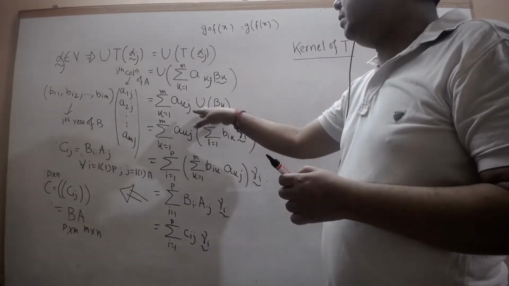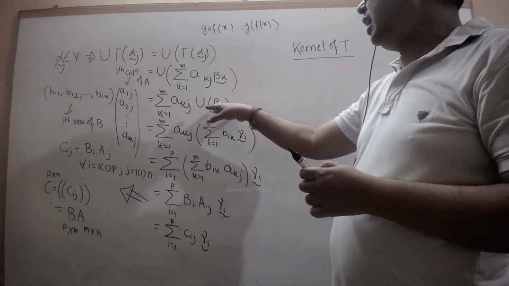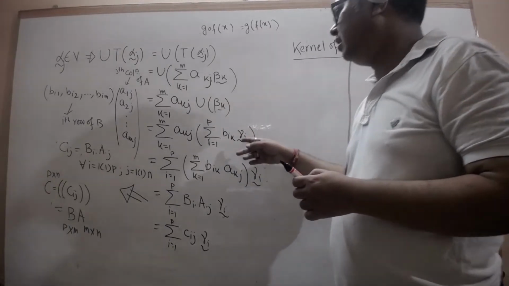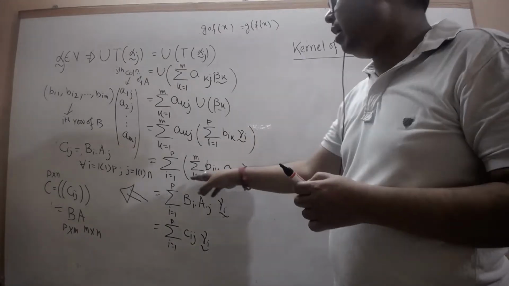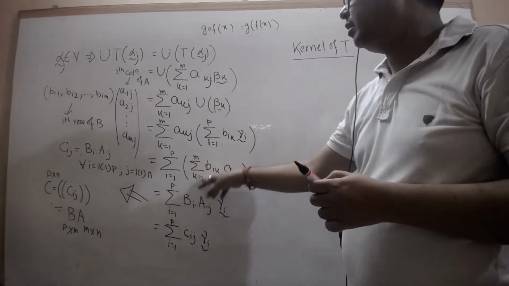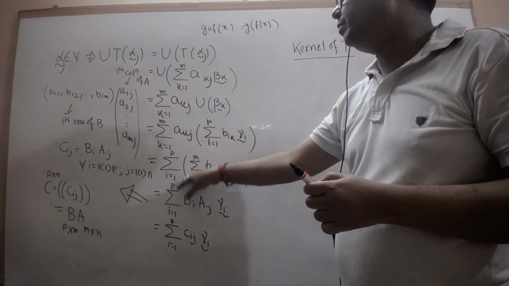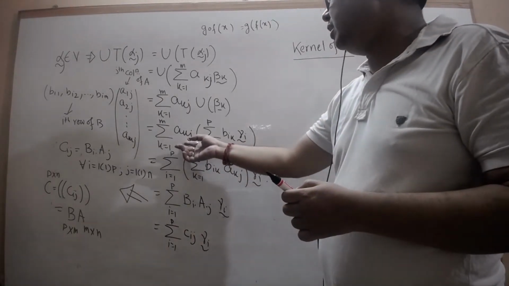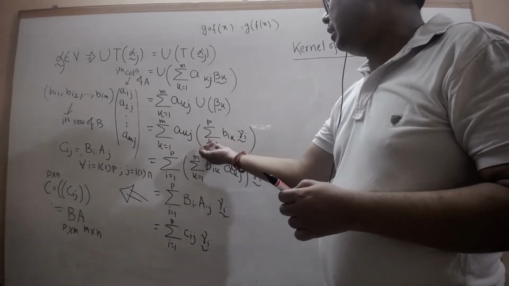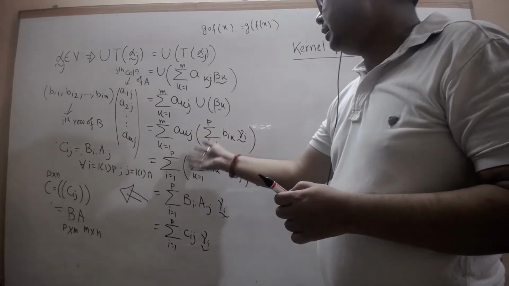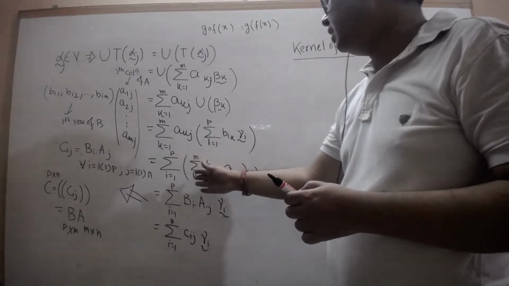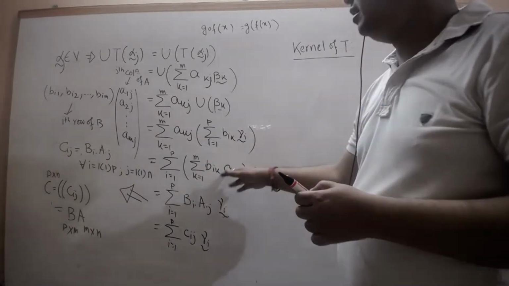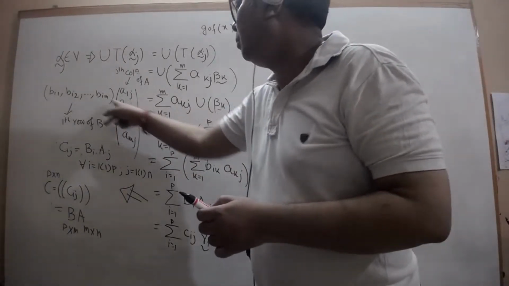So U beta k can be written as a linear combination of the basis of Z. Now I interchange this sum, because this is independent of I. I take this sum first and then this sum.